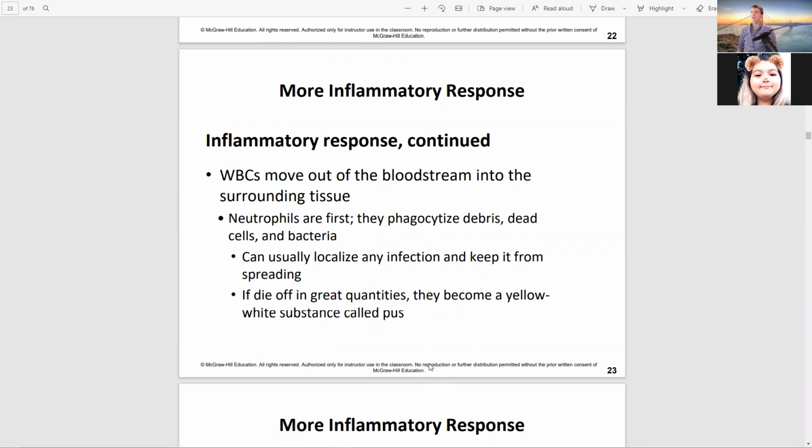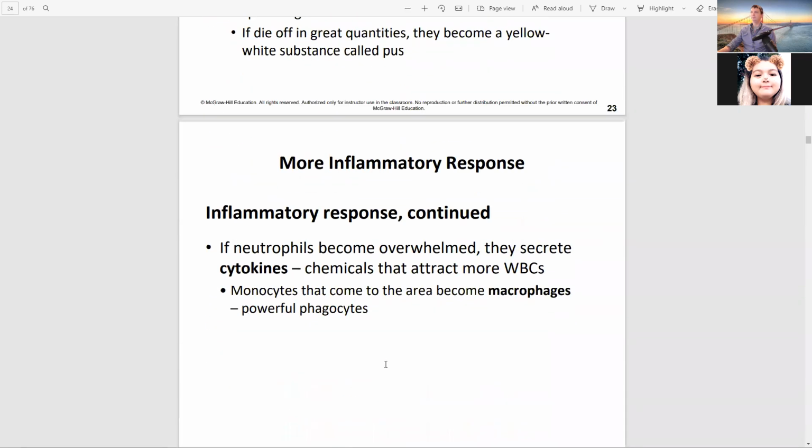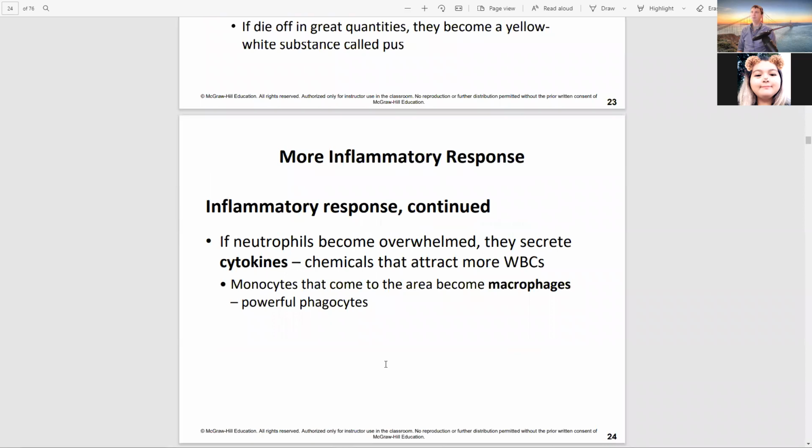They phagocytize debris, dead cells, and bacteria, and they can usually localize any infection and keep it from spreading. If they die off in great quantities, they become a yellow-white substance called pus. If neutrophils become overwhelmed, they secrete cytokines, a chemical that attracts more white blood cells, and monocytes that come to the area become macrophages, which are powerful phagocytes.